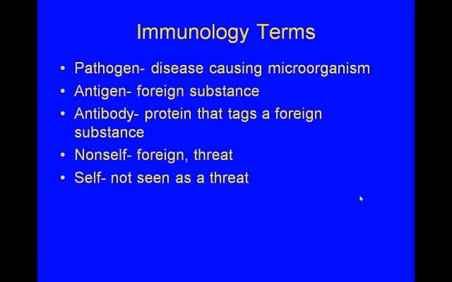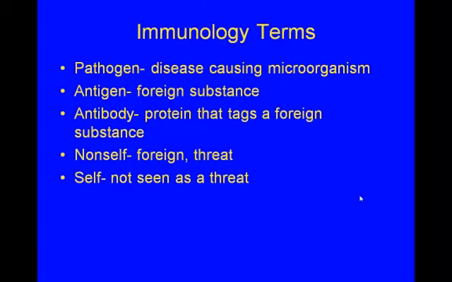Now, they can be perfectly normal for you, which we call a self-antigen. That means your body doesn't see it as a threat. It's on your normal cell. You're good to go. However, non-self antigens typically mean that there is some type of foreign substance.